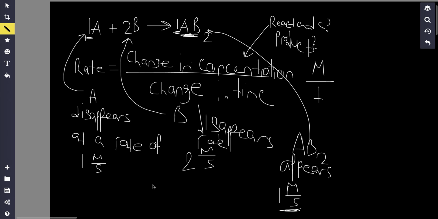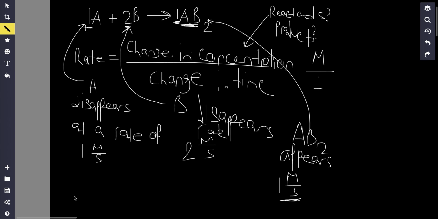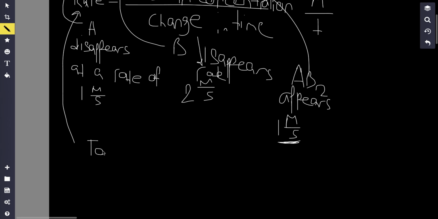So we can use mole ratios, or these coefficients right over here, to help determine the rates of these individual components of the reaction. The rate of the product and the rate of the reactants individually are going to be different from the rate of the total reaction. So when I'm talking about the rate right over here, I'm referring to the rate of the total reaction.